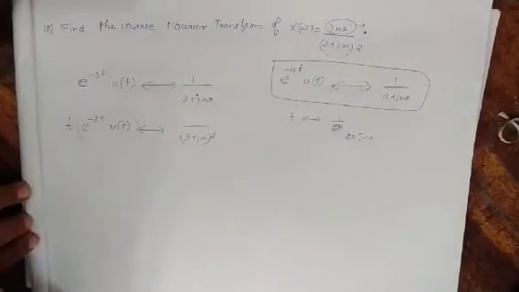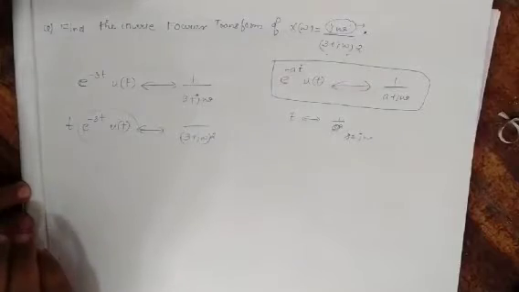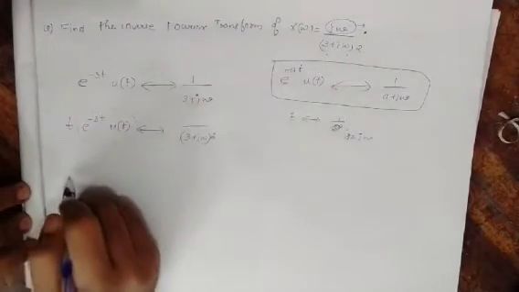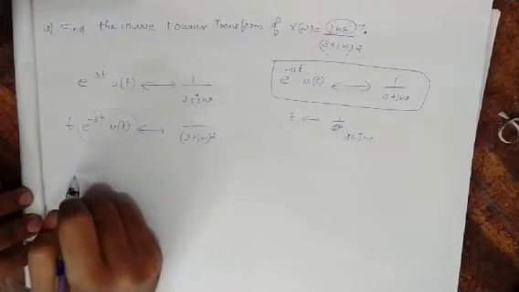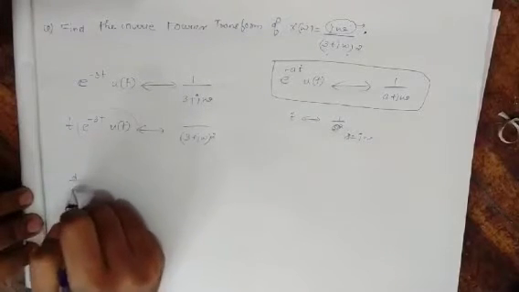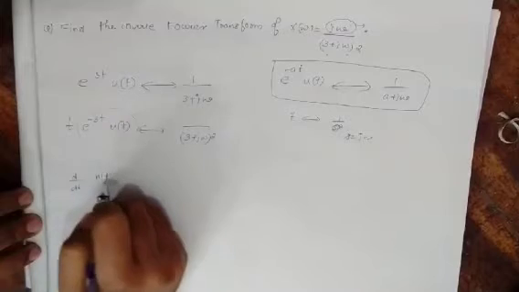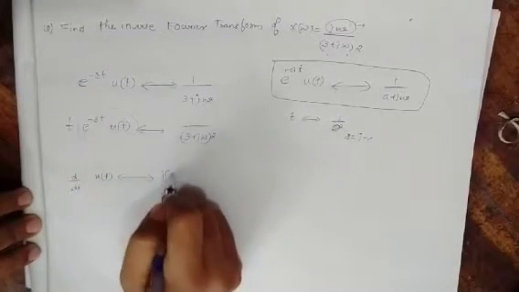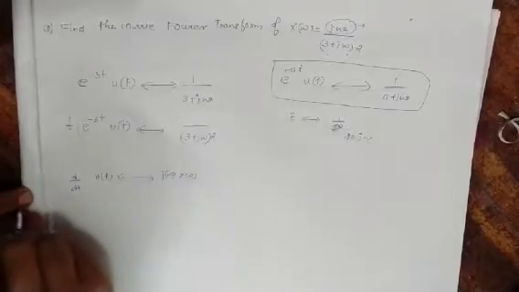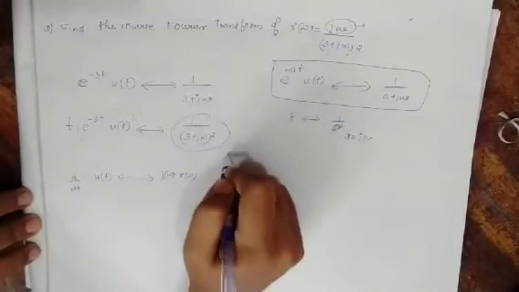When does this j omega come? So using another property of a Fourier transform, that is d by dt of x of t will have a Fourier transform of j omega into X of omega. So this thing is actually X of omega.